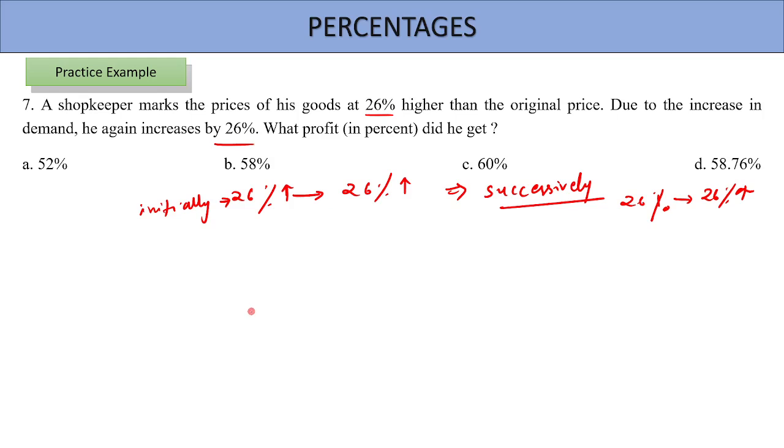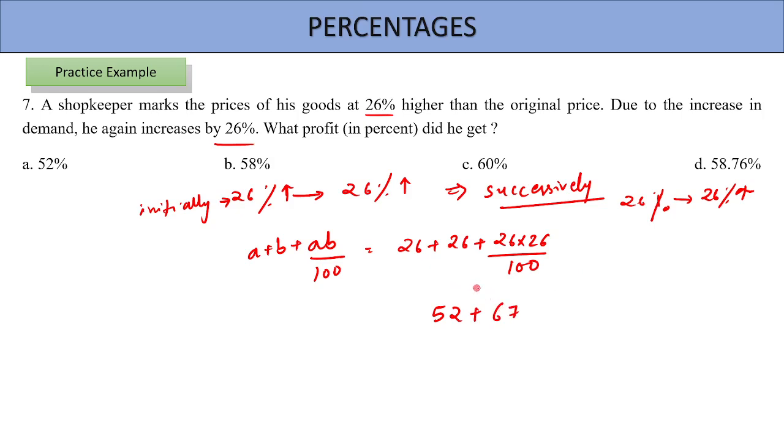And we have learned in our previous session how to calculate the effective gain whenever you have been provided the successive percentage increases. It is nothing but a plus b plus a into b by 100, where my a is 26 and b is also 26. So 26 plus 26 plus 26 into 26 by 100. 26 plus 26 is 52, and we know the square of 26 is 676 by 100.